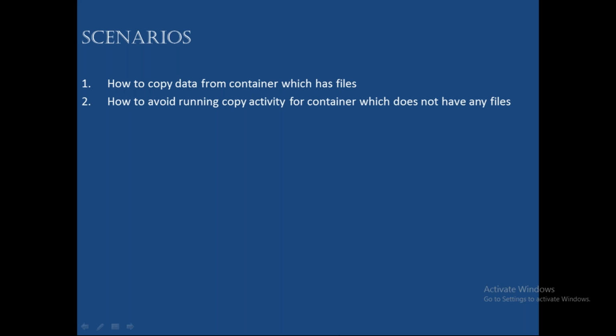Let's say you are verifying one more container where you don't have any files. For these kinds of containers, if you simply try to execute your copy activity, you know 100% you are not going to copy anything because you don't have any files in your input container. So in that case, I want to avoid running a copy activity.